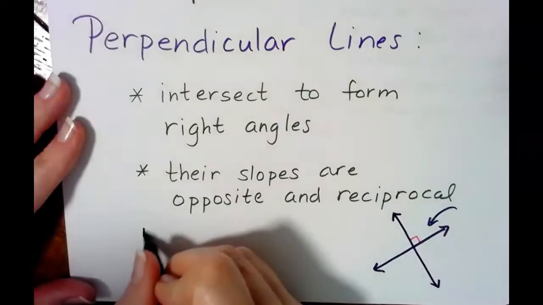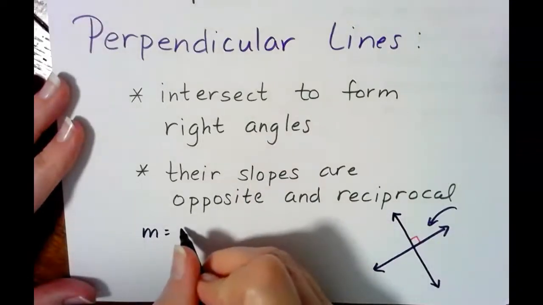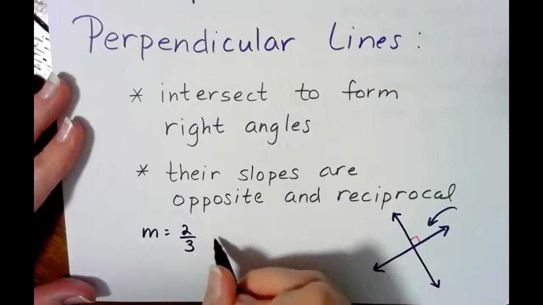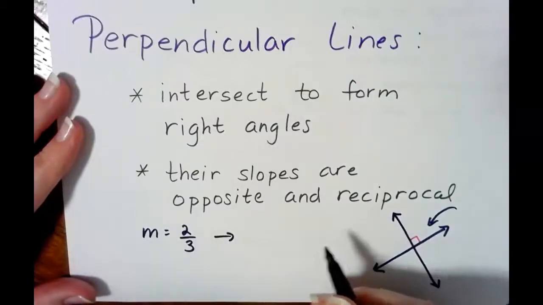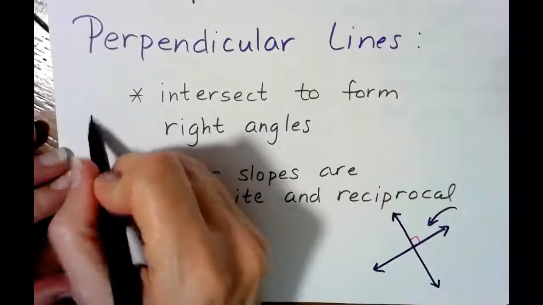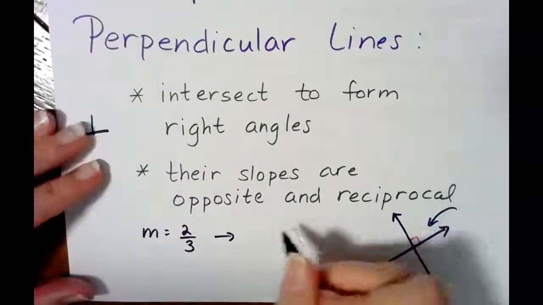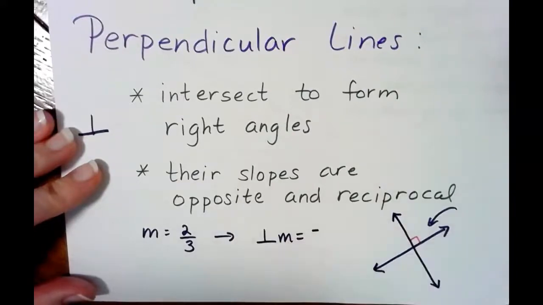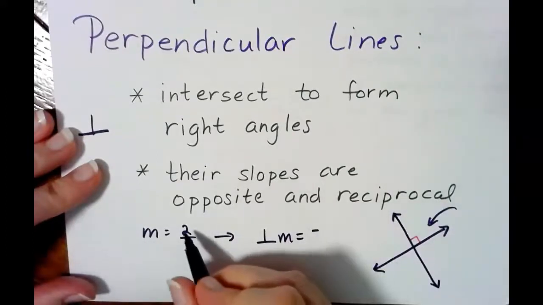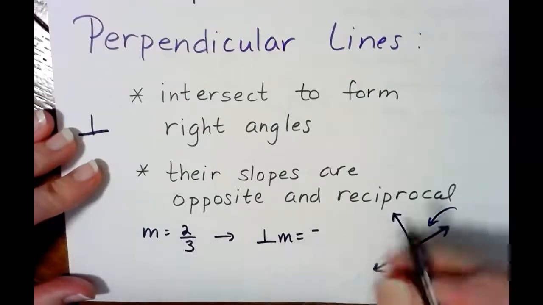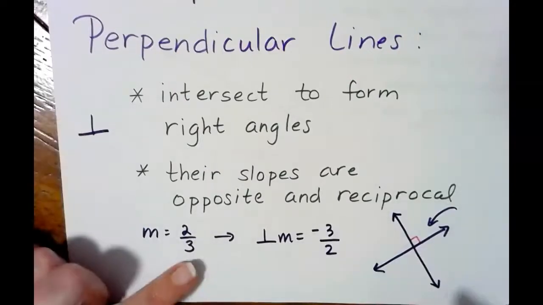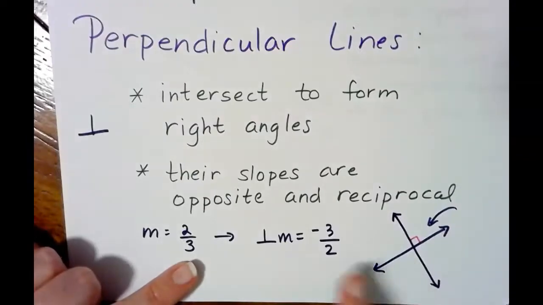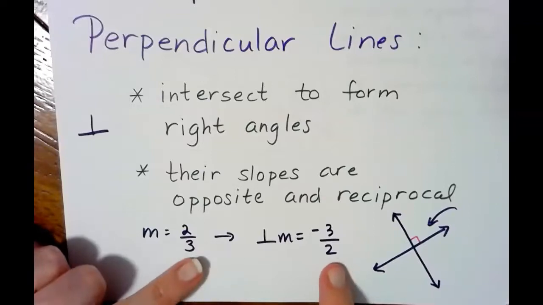So if we have a given line that has a slope of 2/3, then the perpendicular slope, and the symbol for perpendicular is an upside down T, would be opposite, so it would be negative, and it would be reciprocal. So switch the sign and flip the fraction. Given line, 2/3, perpendicular line, -3/2. These would be the slopes of perpendicular lines.